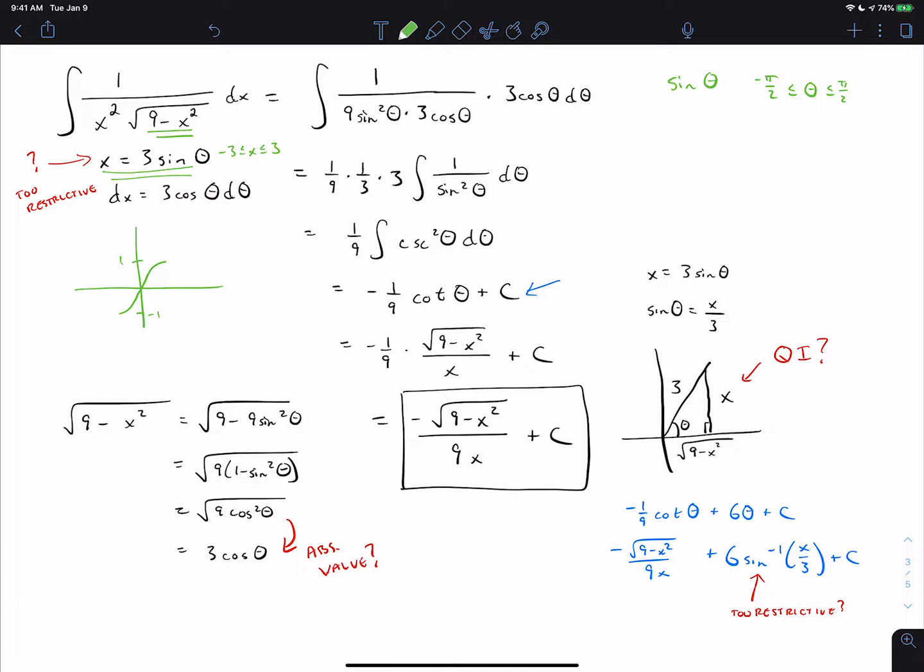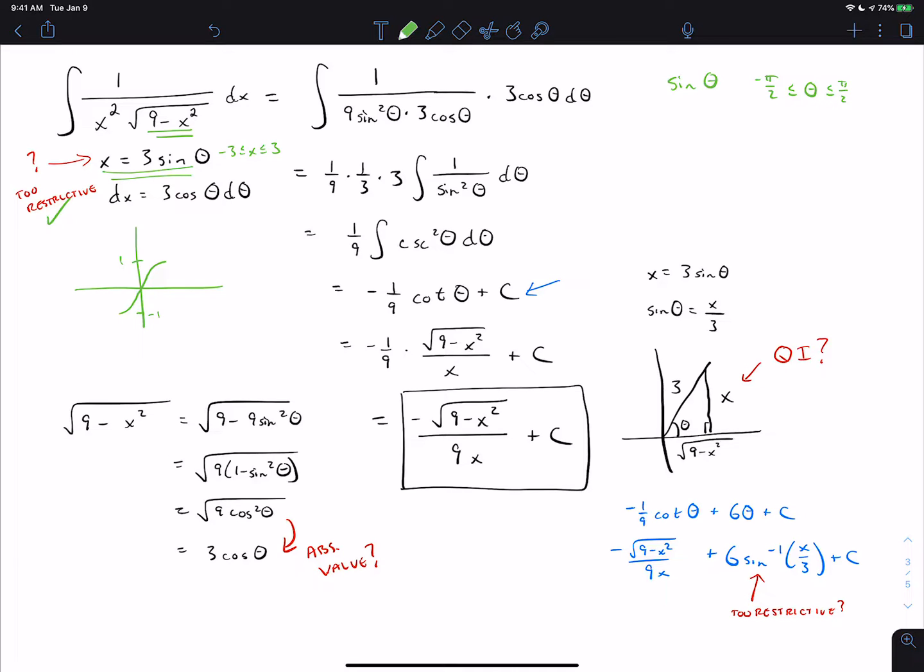So 9 minus x squared already has to be positive. If we think about what would make that true, values between negative 3 and 3 are the exact values that the square root would restrict us to anyway. And so this is not too restrictive. It's okay because it's the same restriction that the square root places on the variable anyway.